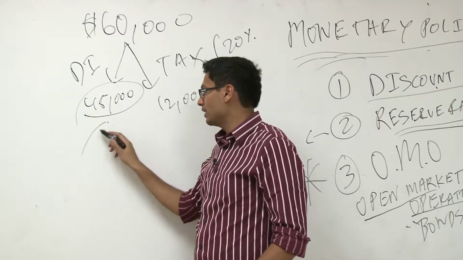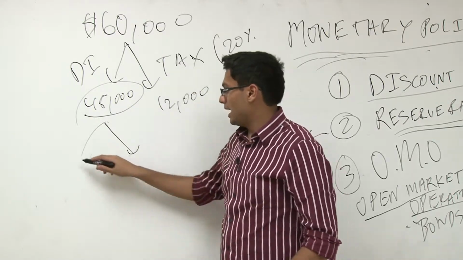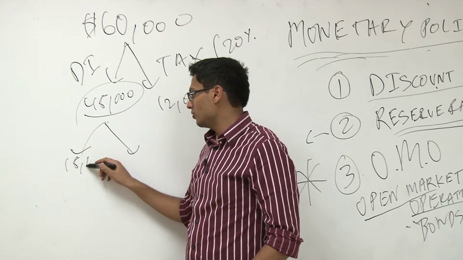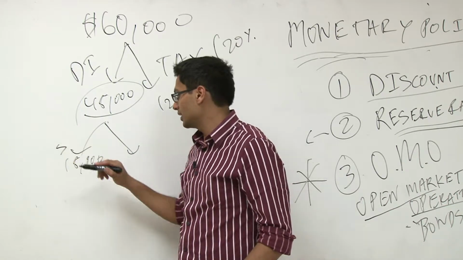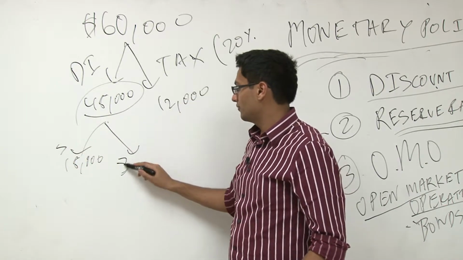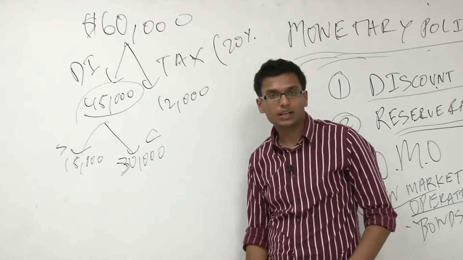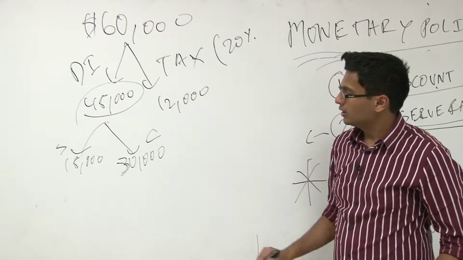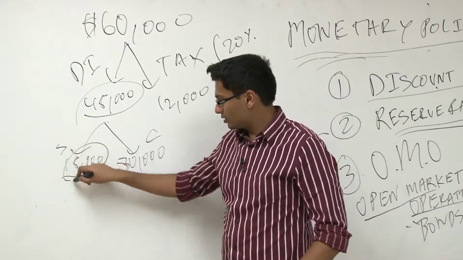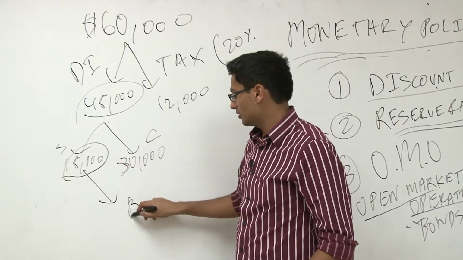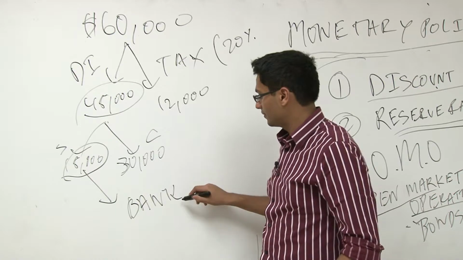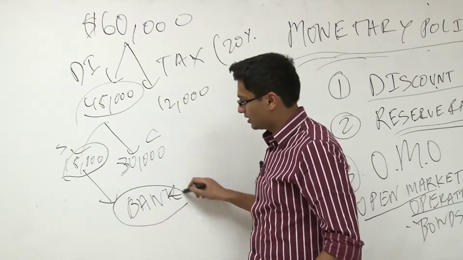Let's say out of that $48,000, he has $18,000 in savings and about $30,000 in consumption. This savings, $18,000, Joe the Plumber puts into the bank.